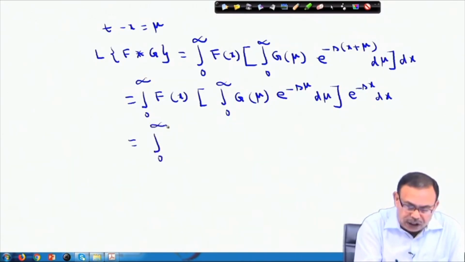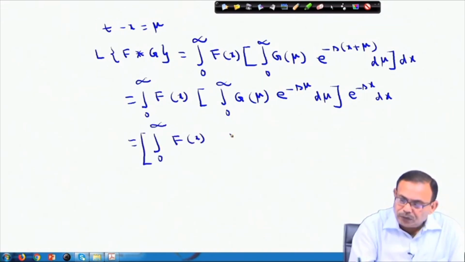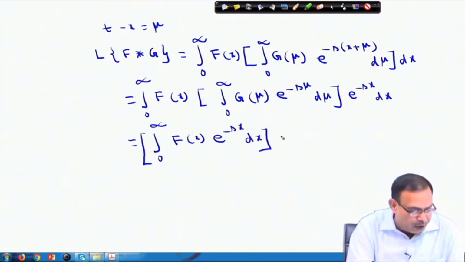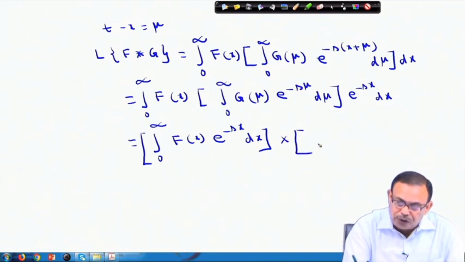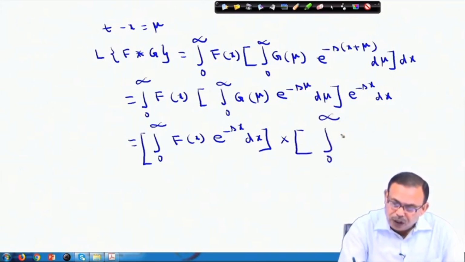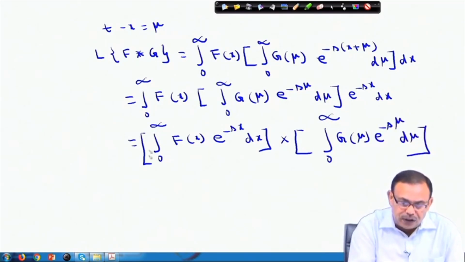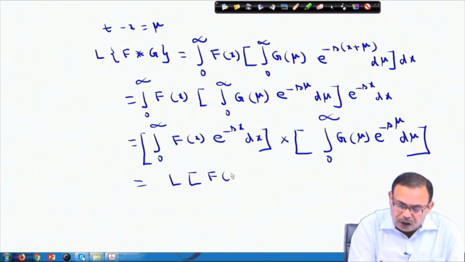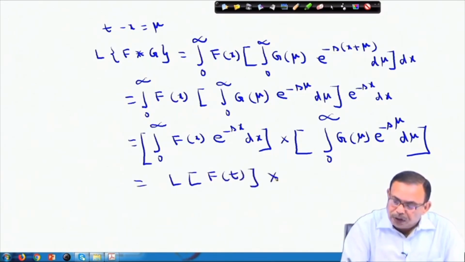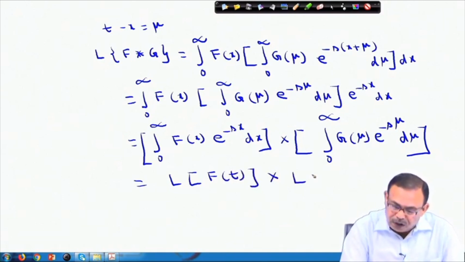One integral will be f(x) e^(-sx) dx, and the other will be the integral from 0 to infinity of g(mu) e^(-s mu) d mu. What is this? This is nothing but the Laplace transform of f(t), and this is nothing but the Laplace transform of g(t).